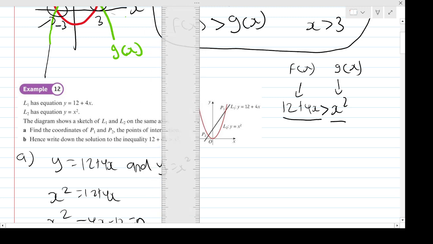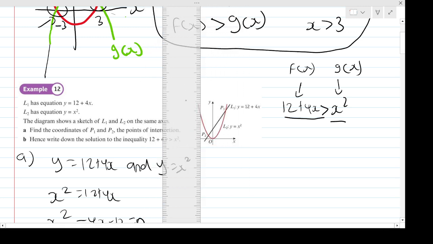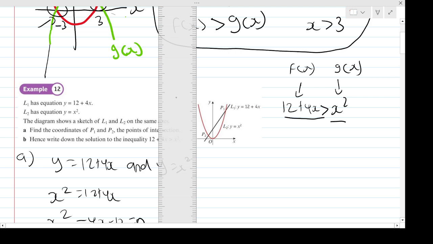So when 12 plus 4x is greater than x squared, that's saying the line L1 has to be above x squared. So let's go from left to right and see when the line is above the curve, the quadratic.